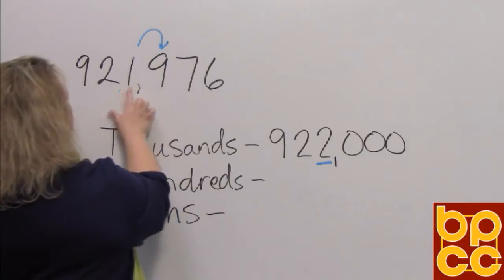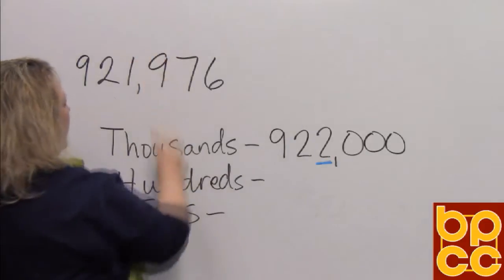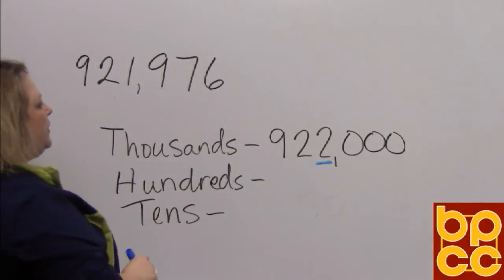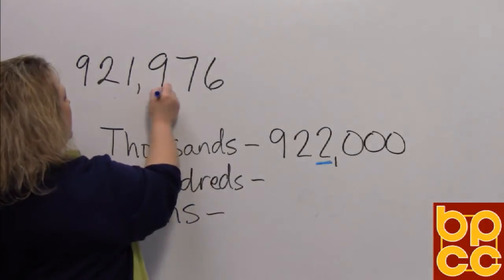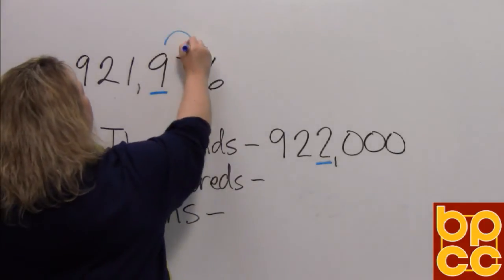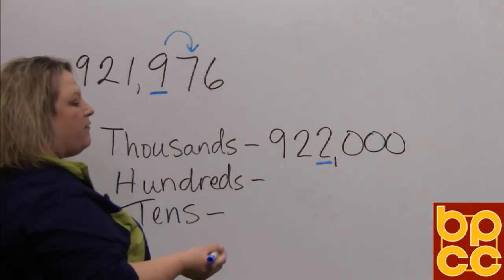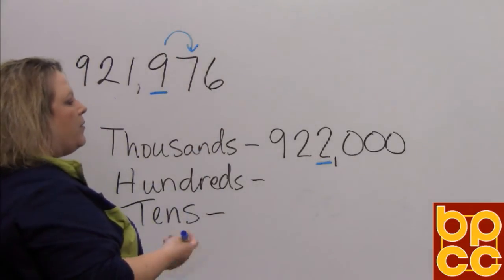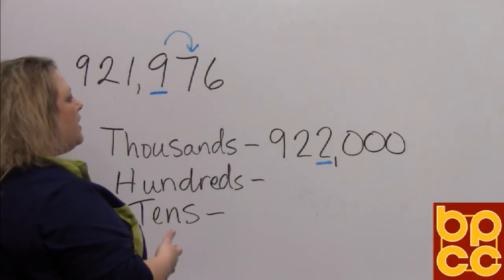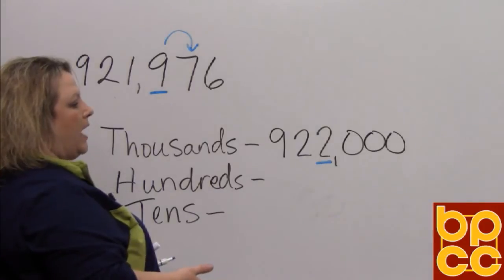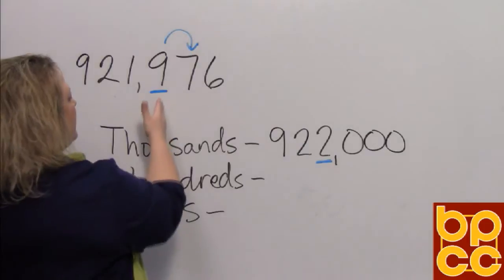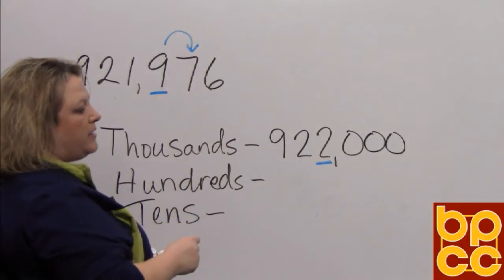Now let's change what we're looking at. We want to take this exact same number and round it to the hundreds place. The digit in the hundreds place is a 9, and we look next door. I see a 7. Is it 5 or higher? Yes, it is. Because it's 5 or higher, we have to add 1 more. When you add 1 to 9, it would become a 10, but that's a problem, because you can only have a single digit in each place value.